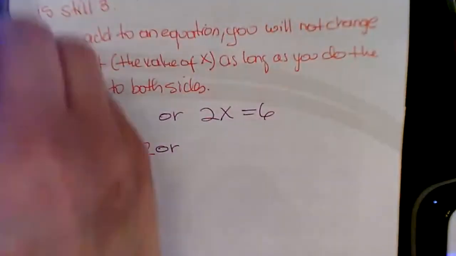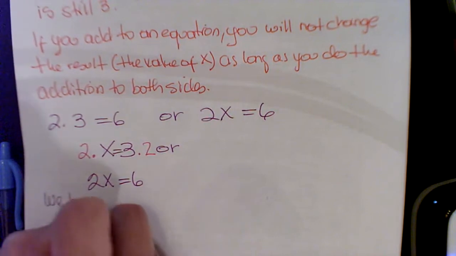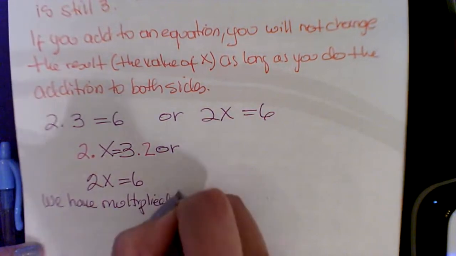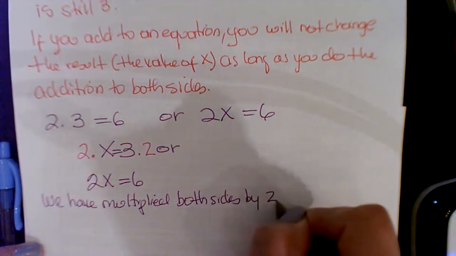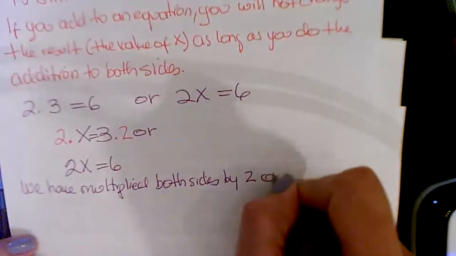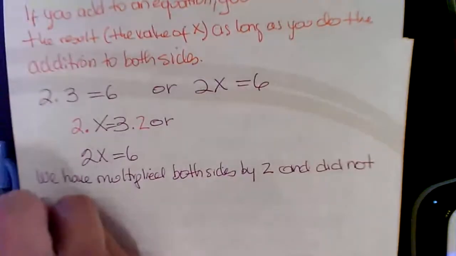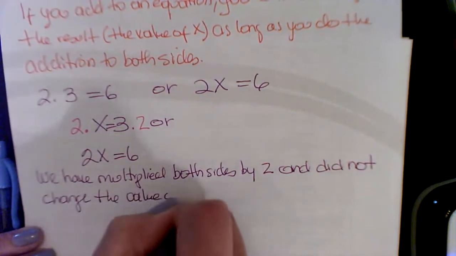So let's write that down. Exactly the same. So we have multiplied both sides by 2 and did not change the value of x.